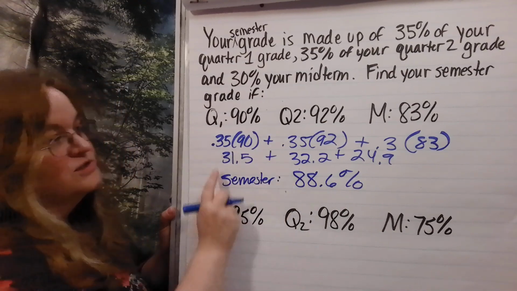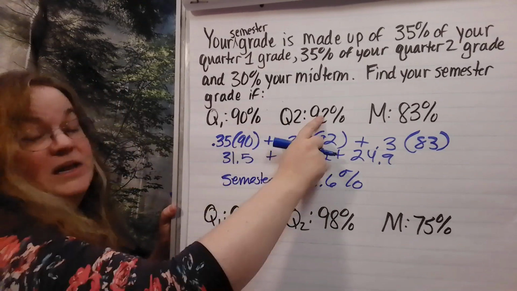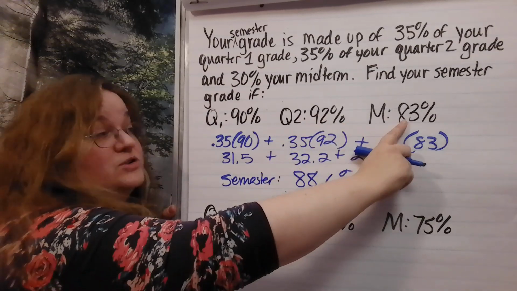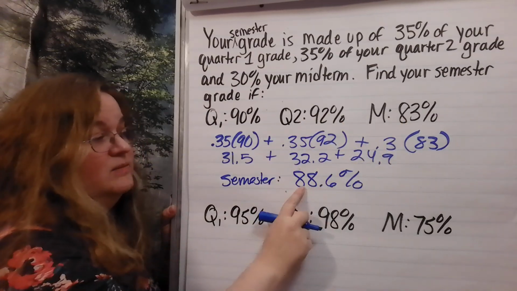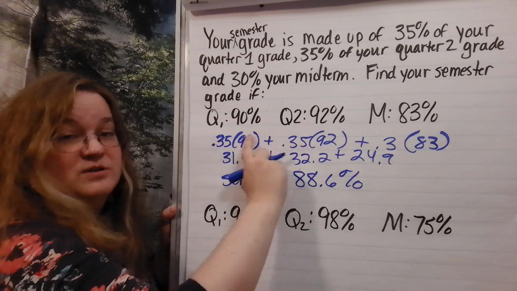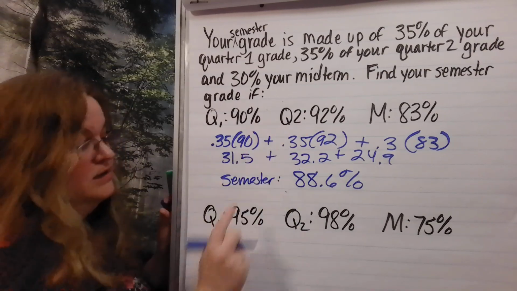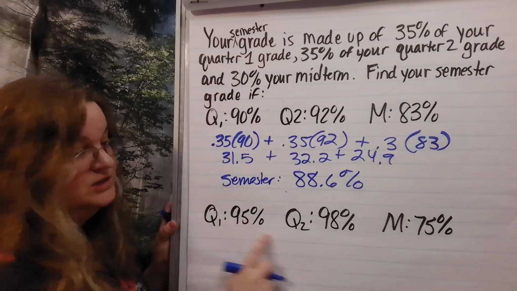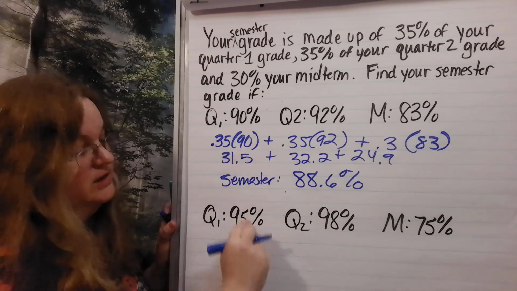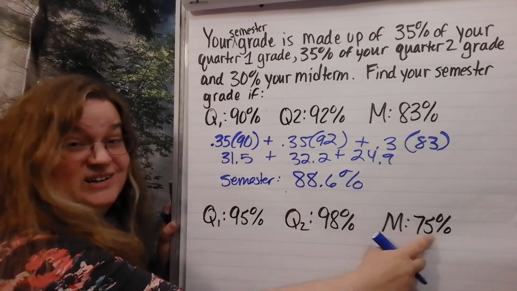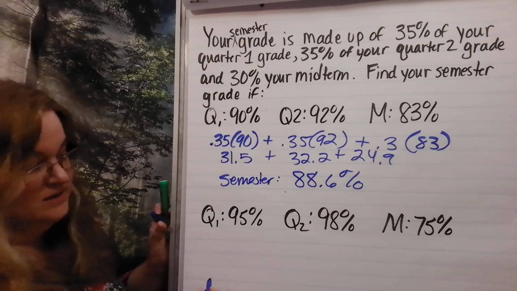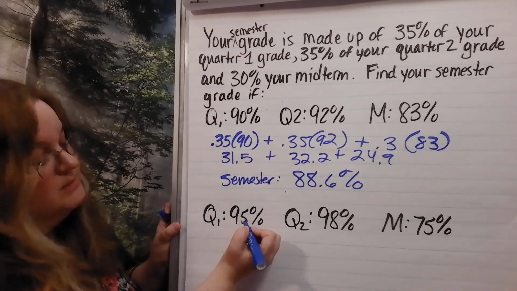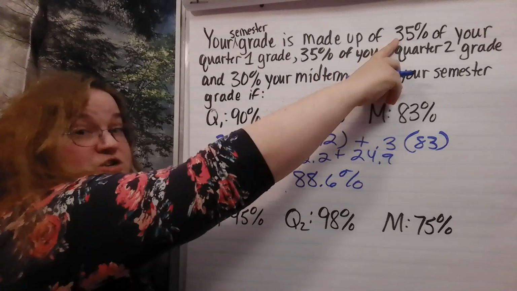So even though I ended up with A's both quarters, because my midterm was a B, I ended up with a B because both of these are fairly low A's. Now let's take a look at this scenario. This person had A's, but they're higher, so 95 and 98, but they only got a 75 on their midterm. How is that going to look different? Again, I'm not changing this percent. I'm only changing the weight.